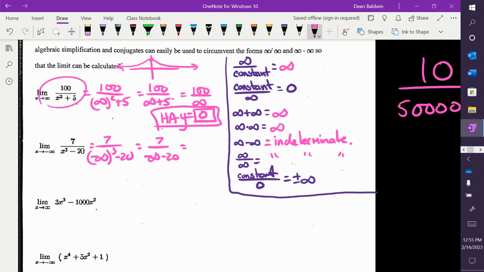What's negative infinity minus 20? What is 7 divided by negative infinity? Negative 0. Negative 0. 0. You're just approaching from the negative side now. Okay, so it has a horizontal asymptote of 0.